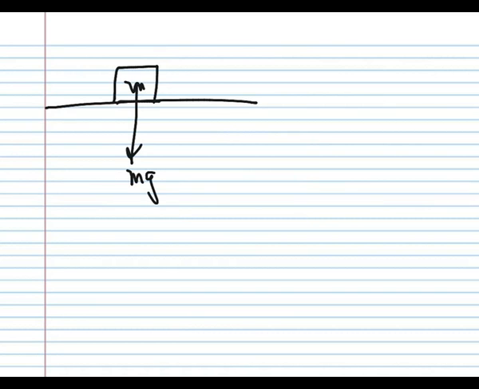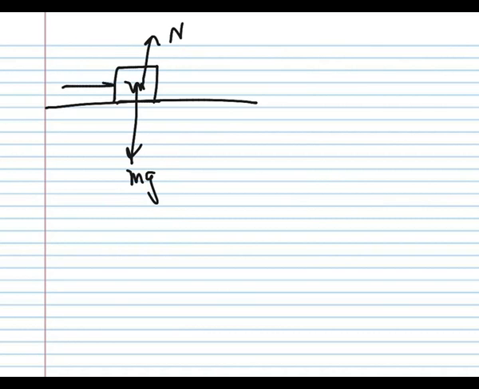I'll just start with an example. Say this is a plane or surface over which there's a body, an object with mass m. Obviously its weight acts downwards, mg, and its normal force acts upwards.